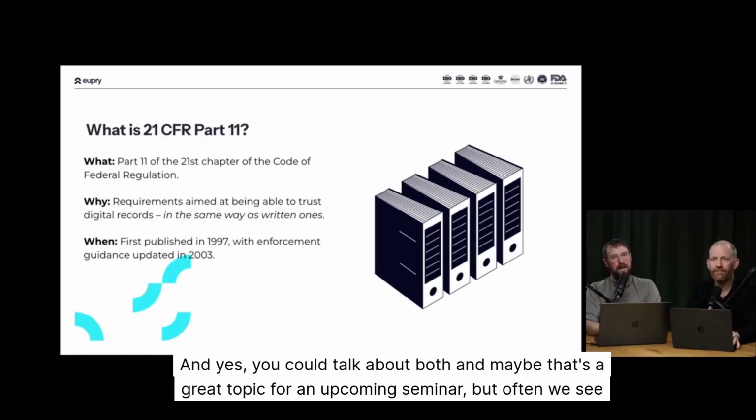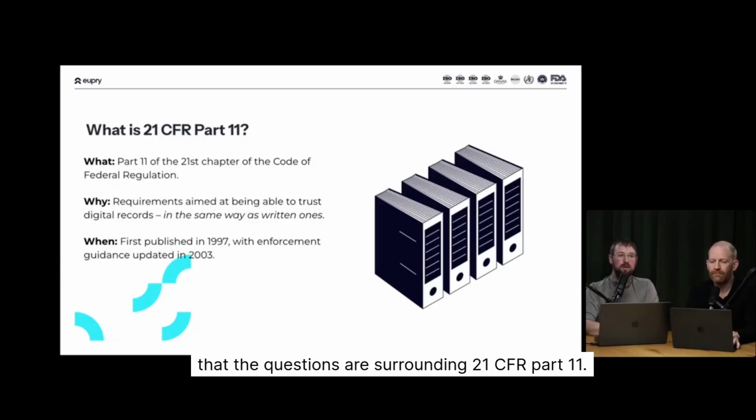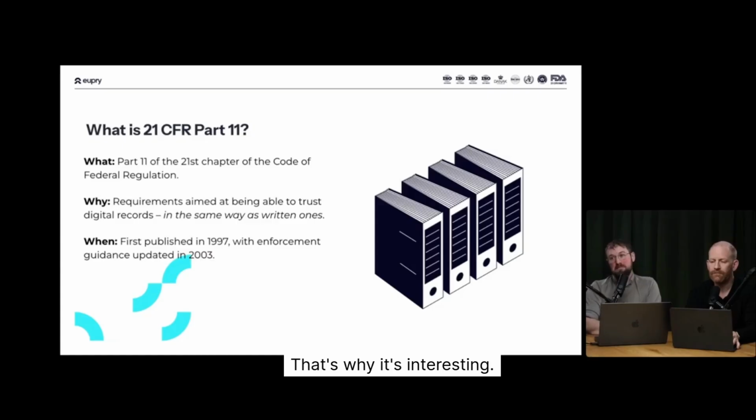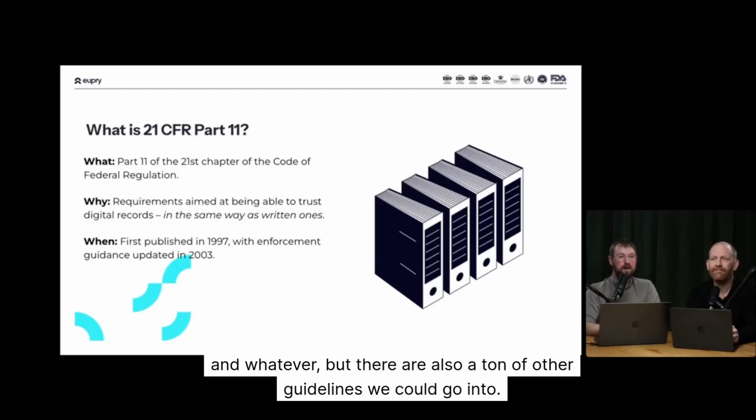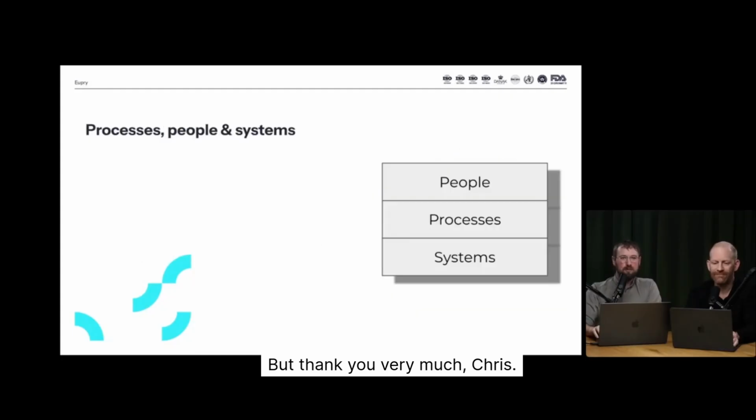And yes, you could talk about both, and maybe that's a great topic for an upcoming seminar, but often we see that the questions are surrounding 21 CFR Part 11. That's why it's interesting. But yes, EU GMP Annex 11 is of course applicable to all European pharma companies and those who do cross sales. There are also a ton of other guidelines we could go into. But thank you very much, Chris.